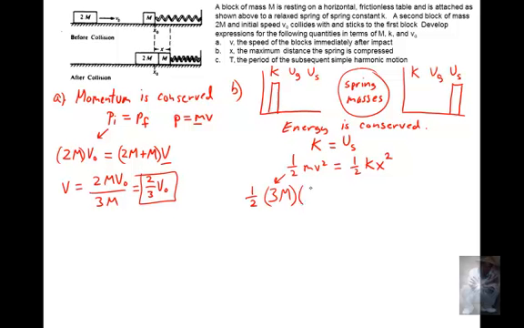Then the velocity would be 2/3 v initial, and that would equal 1/2 kx squared. In solving this problem, we would get x is equal to the square root of 4m v initial squared over 3k.